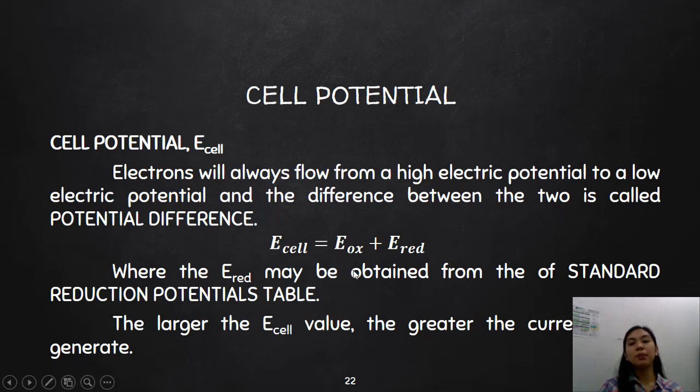Where the E sub red may be obtained from the standard reduction potential table. Meron po tayong table wherein you get to identify reactions and then its corresponding potential. So, yun po yung gagawin natin mamaya. Then it says here, the larger the E sub cell value, the greater the current it can generate. So, pag mas mataas po yung cell potential, ibig sabihin, mas marami siyang ma-generate na current or electricity.